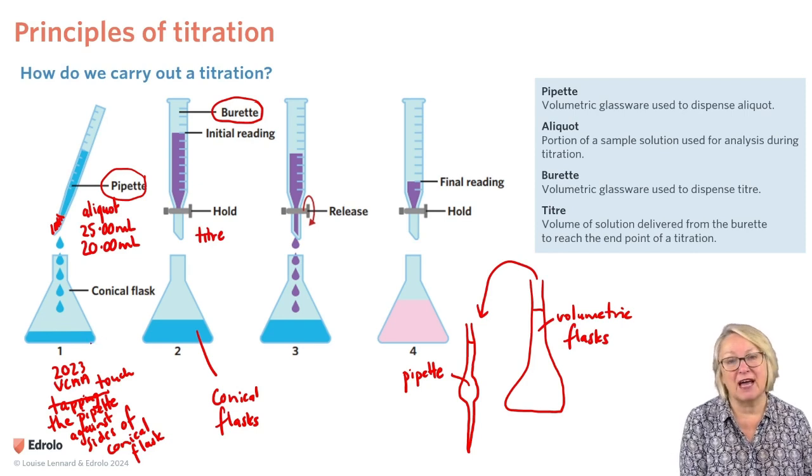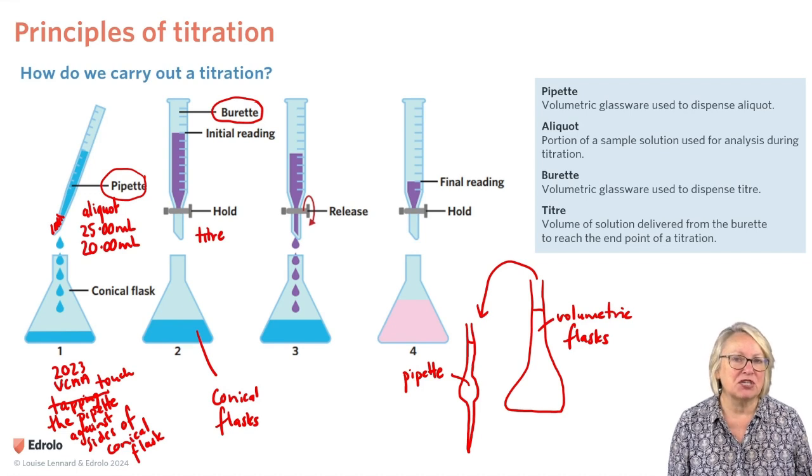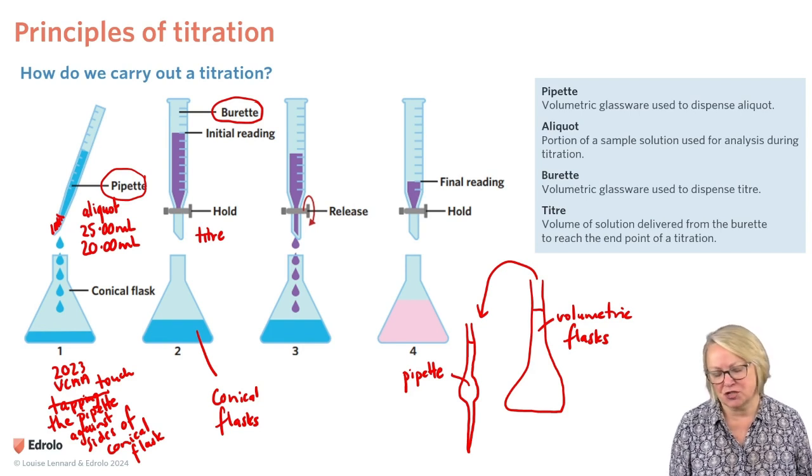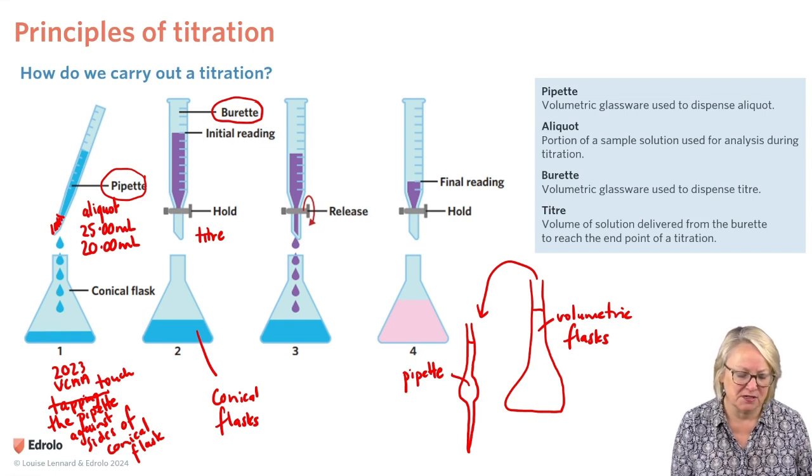Once we've got our aliquot in our conical flask, we may need to use an indicator. In redox reactions, sometimes the oxidizing agent or reducing agent is self-indicating. Other times an indicator such as starch might need to be used.